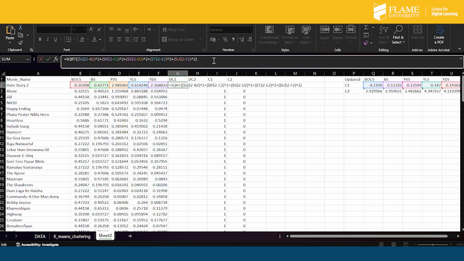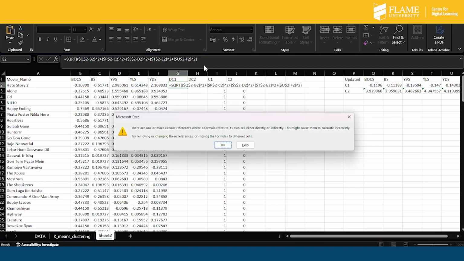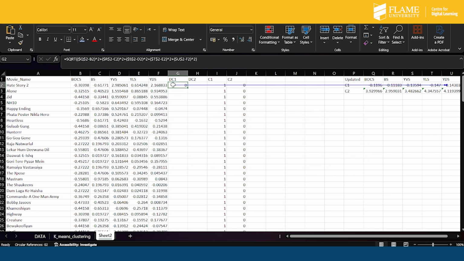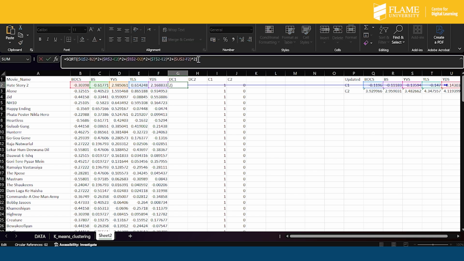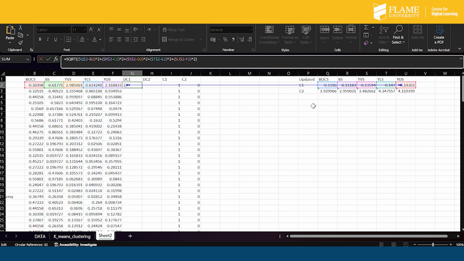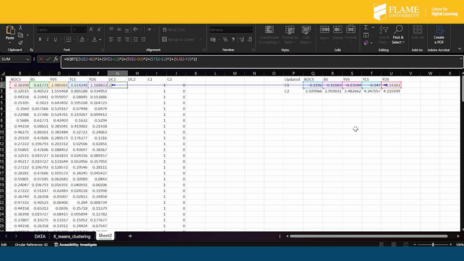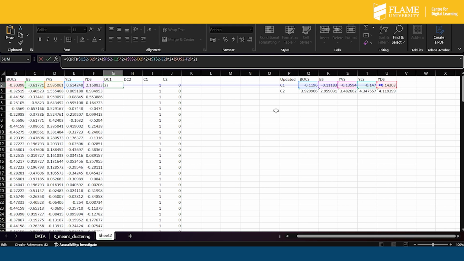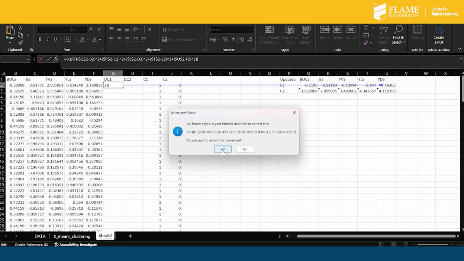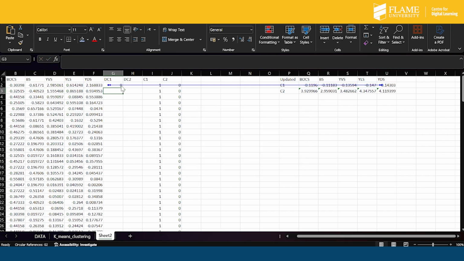Again, you just hit enter. Okay, you have to put, I guess, the last one, U2, bracket. Again, I guess there is some error.